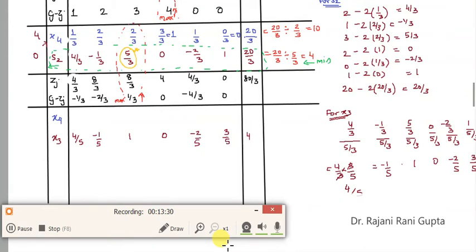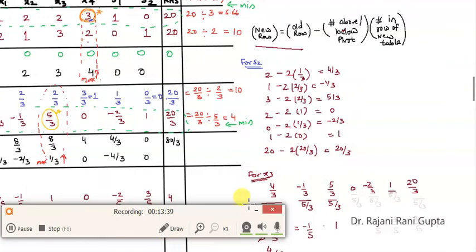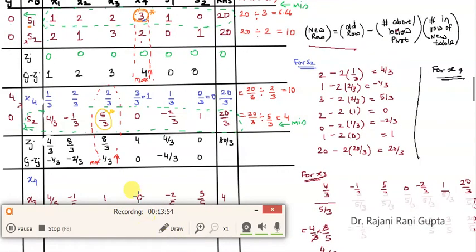Now to find x4, we will again make use of this formula. So how will it work? For x4, the number in the old row is 1 over 3.